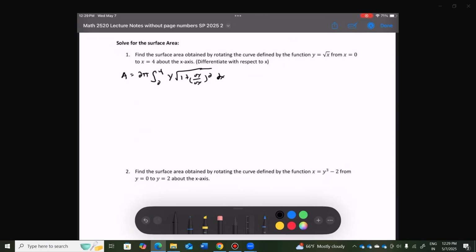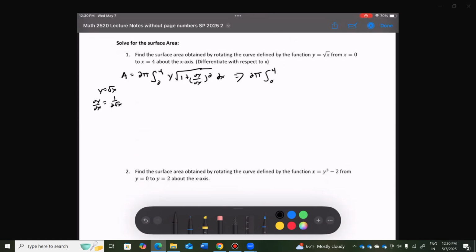Alright, so y is square root of x, so dy over dx is 1 over 2 square root of x. So we're squaring that. The y itself, since we're doing this with respect to x, we need to do a substitution for y.